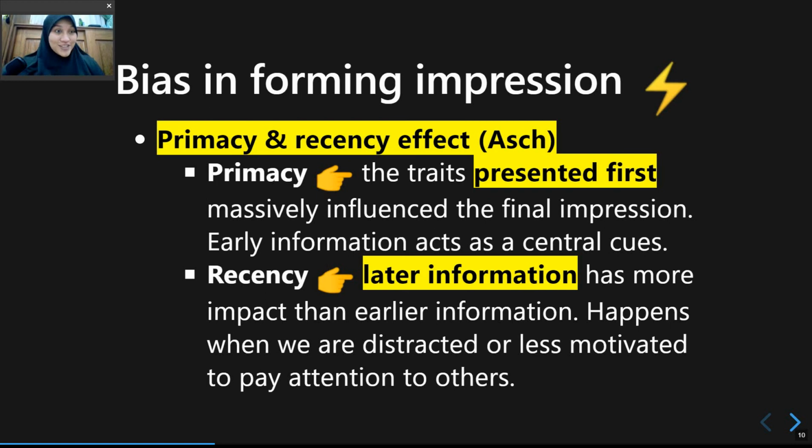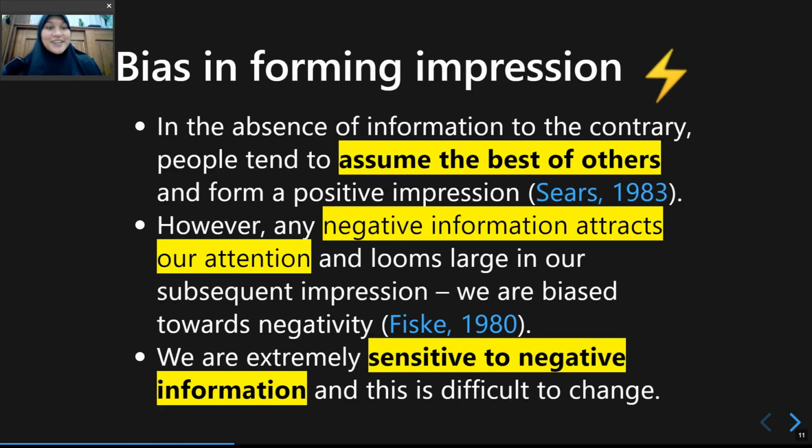Of course you wouldn't really pay attention when all the lecturers were introduced, because there were lots of them. But later, after you started interacting with each of the lecturers, including myself, then you started paying attention to my traits, my characteristics, so you would form an overall impression of me. That's the easiest example, I would say.